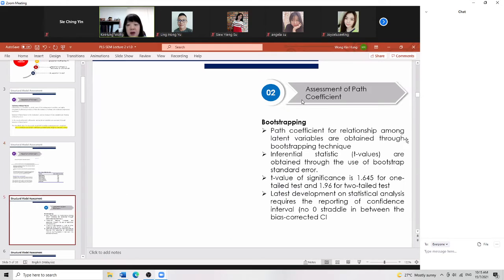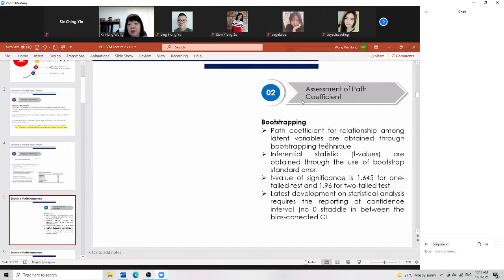Okay, bootstrapping. Bootstrapping means that, for example, you only have 10 sample size, but you bootstrap to become 1,000. There is this function to increase it as though it is 1,000. So path coefficients for relationships among latent variables are obtained through bootstrapping techniques.